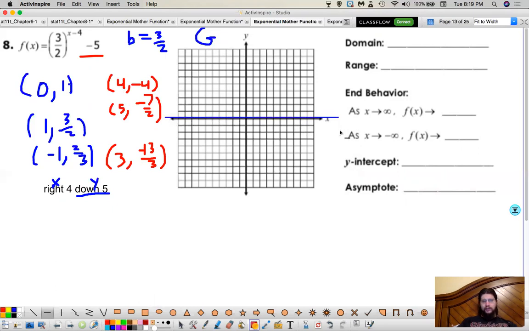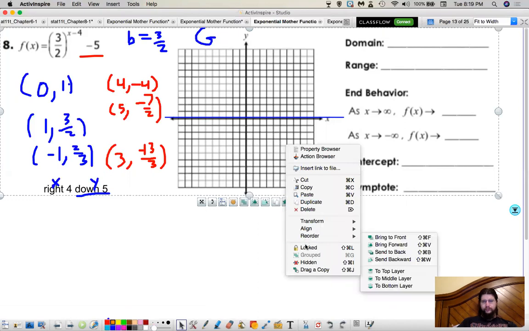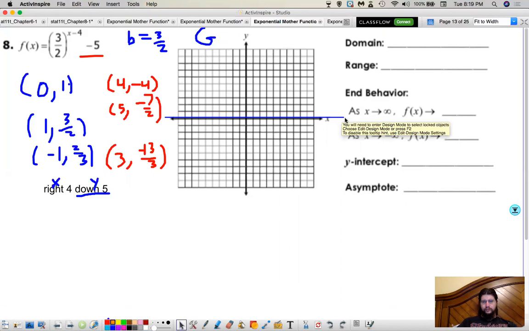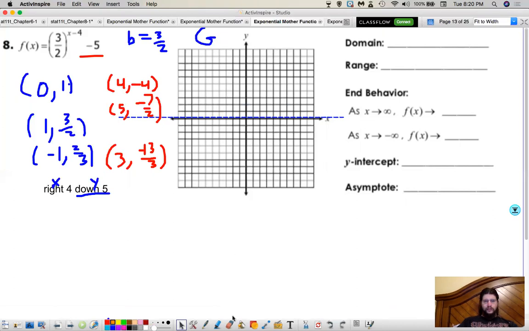But here's what I'm going to do. I'm going to graph it. I'm going to plot my basic points. 0, 1; 1, 1.5; -1, 2/3.